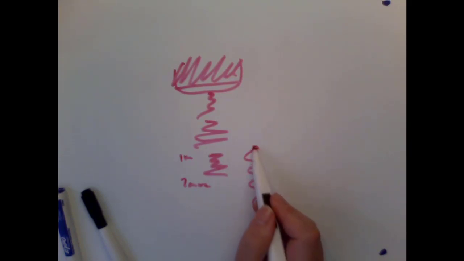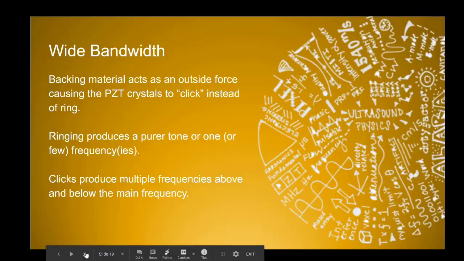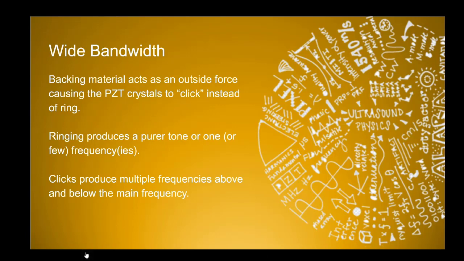So pure ringing creates pure tones. Chirps have multiple frequencies within them, but that's good for us. That's good for ultrasound. So if you've ever listened to your transducer, sometimes you can actually kind of hear it.